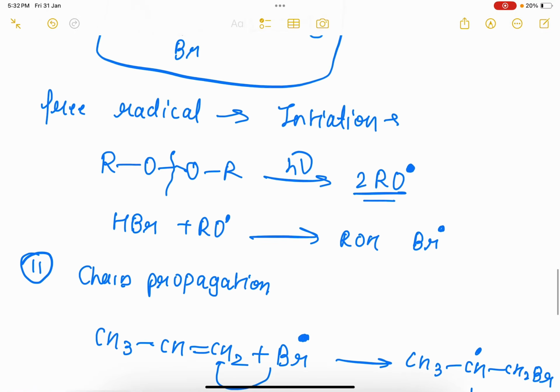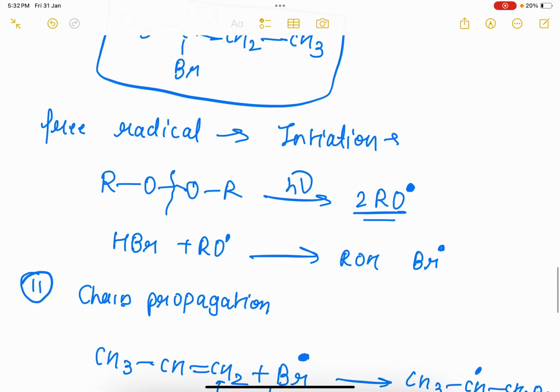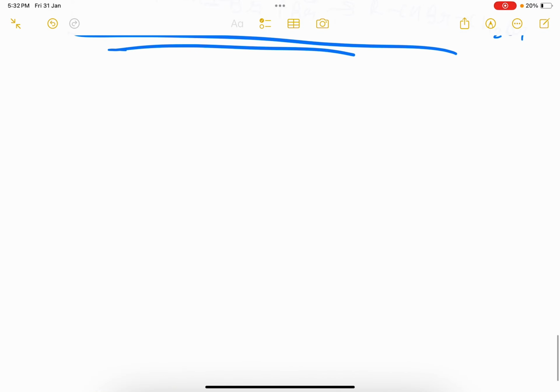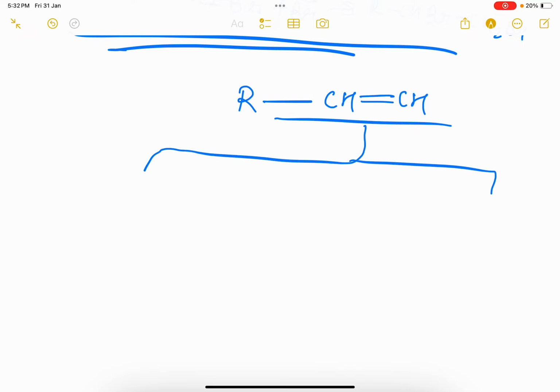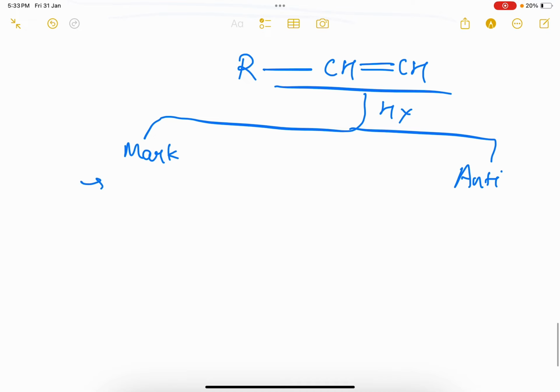So we have to notice that if we are going to talk about any unsymmetrical alkene like R CH double bond CH2, there are two types of rule on the addition of HX. One is Markovnikov and the other is anti-Markovnikov. According to Markovnikov, the more stable carbocation gives the major product.